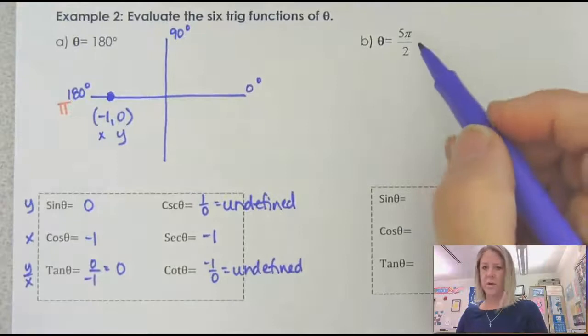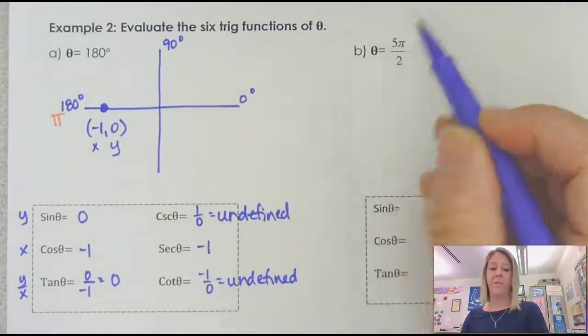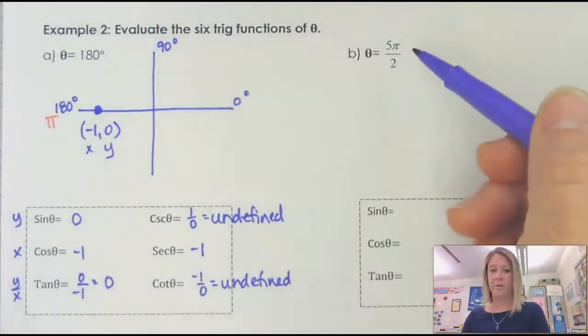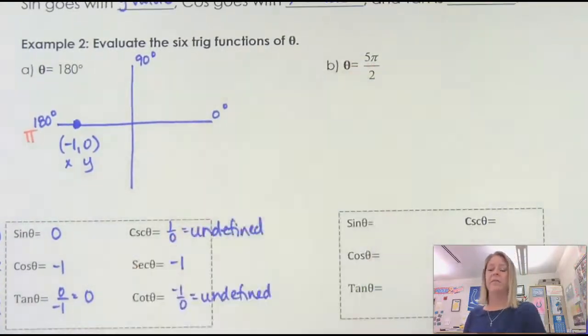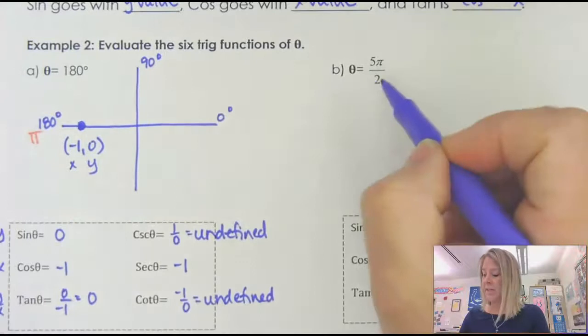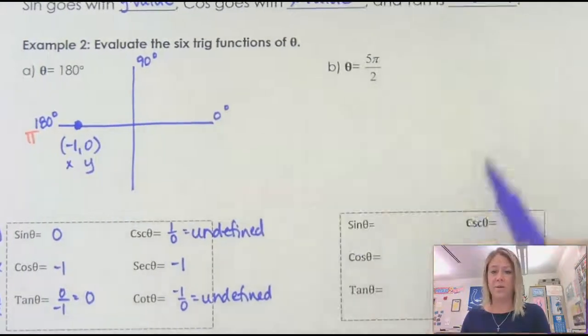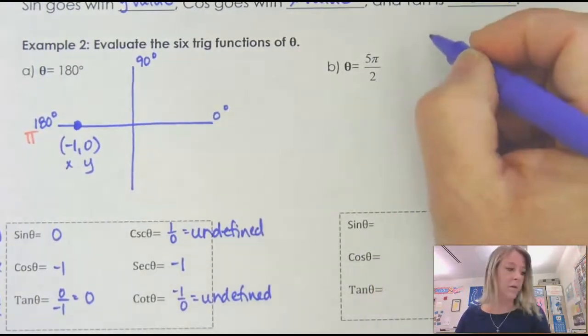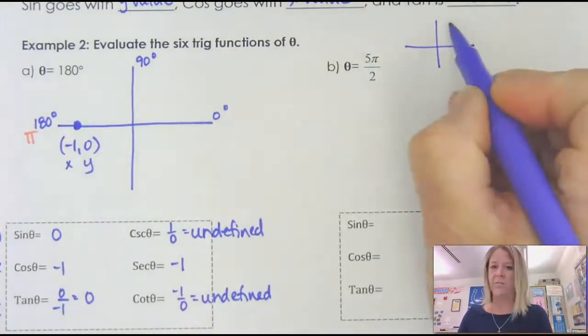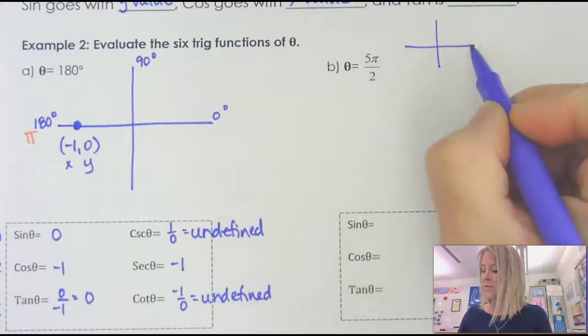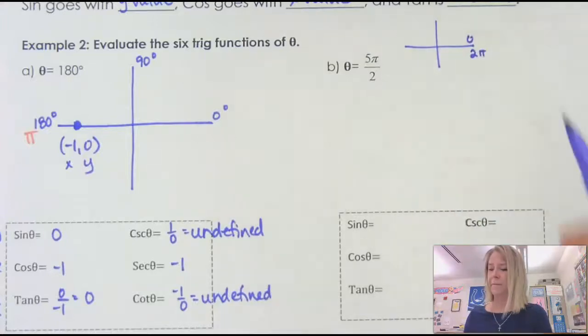All right, so the next quadrantal angle is 5 pi over 2, and you probably don't realize it's quadrantal yet, but usually when we graph it, we'll find out. 5 pi over 2 is actually not on my unit circle here. If I look at just a full circle, it starts at 0. If I go all the way around, a full circle is 2 pi.